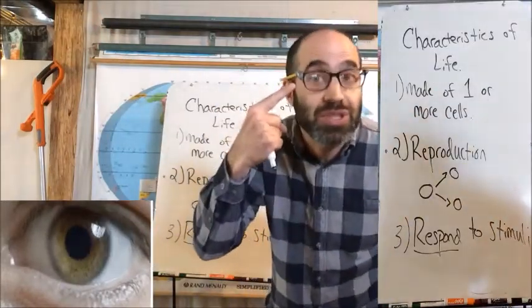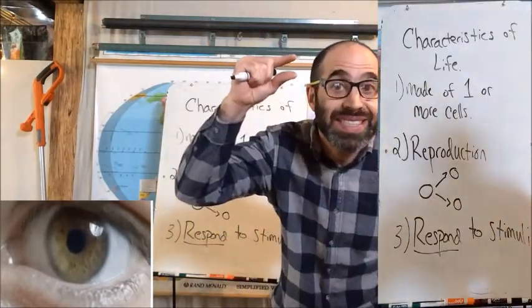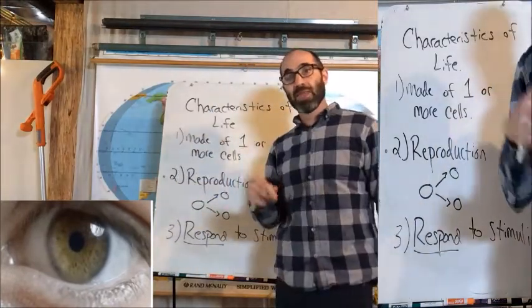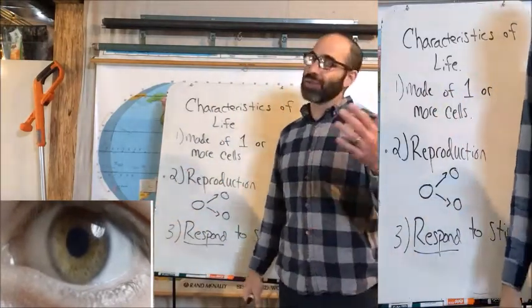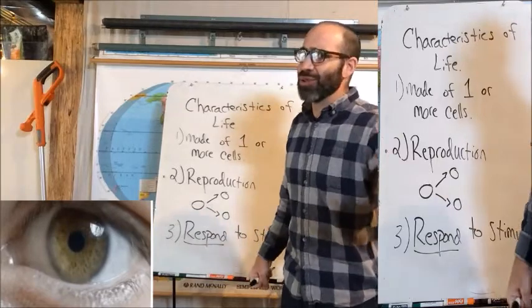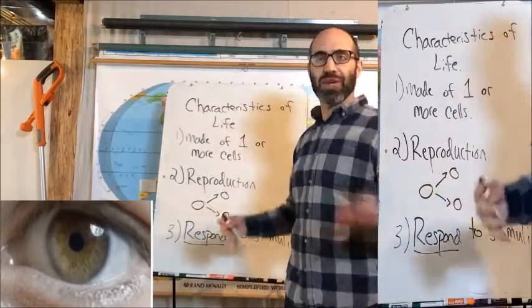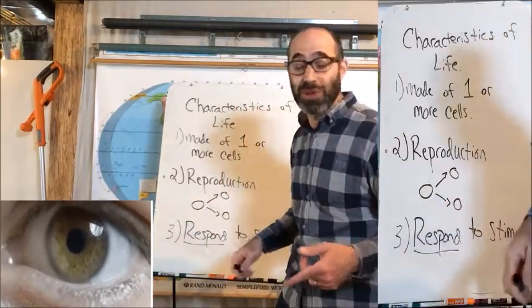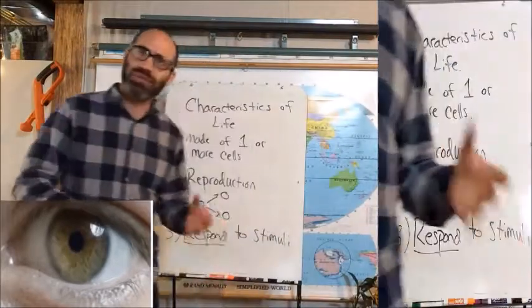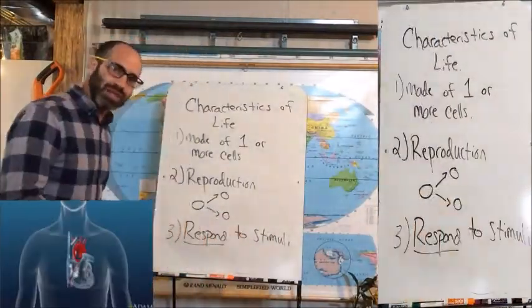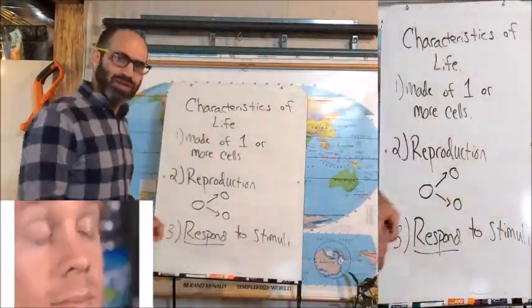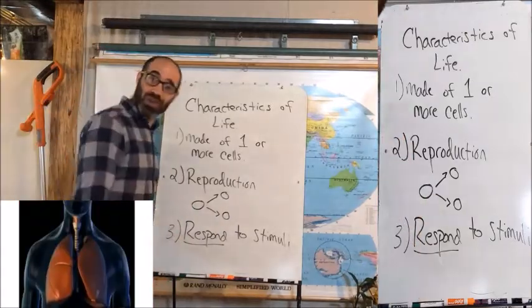And then what you'll see is your pupils dilate, responding to a stimulus. You don't have to think about that. You don't do that, right? Well, we do that, but you're not like, ooh, better dilate my pupils. We don't do that. You don't have to think about beating your heart. You don't have to think about blinking. You don't have to think about breathing. Ooh, forgot.